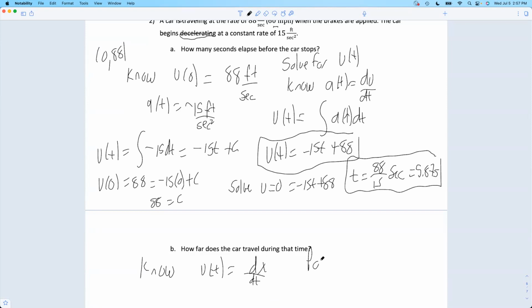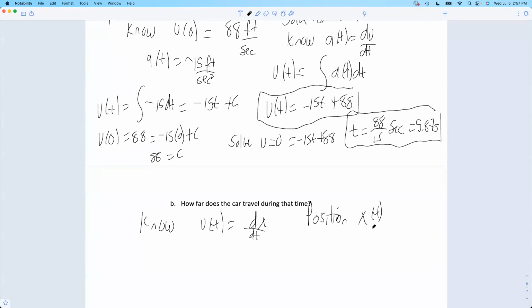Position here, I'm going to call x because we're moving horizontally. We're not moving up and down. I wouldn't want to call it y, x of t. I know the derivative of position is velocity, so hence position is the antiderivative of velocity.